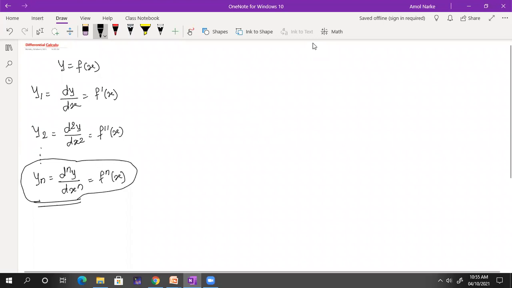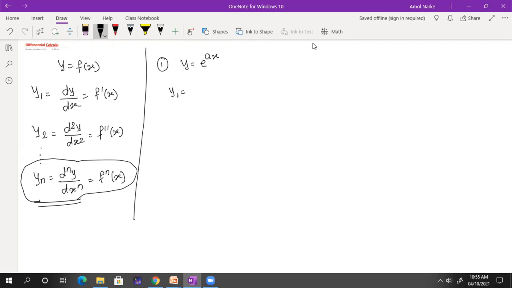Let's take first a very simple function. My first function: let y is equal to e raised to ax. Can someone tell me what is my y1? a into e raised to ax.